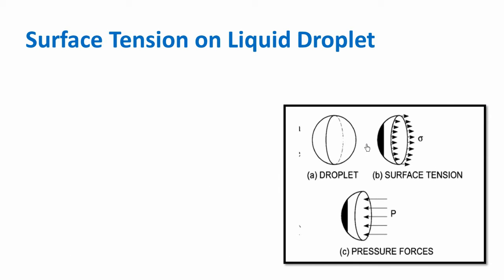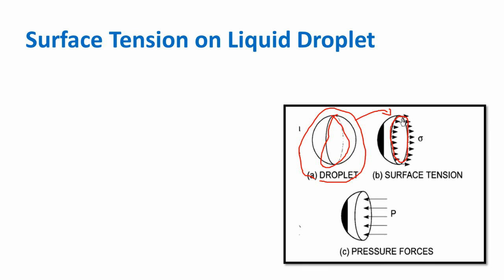So we will derive the surface tension on a liquid droplet. We have a liquid droplet here. When you cut this liquid droplet with this plane, it looks like this. At these surfaces, that means at the circumference, the surface tension is acting.